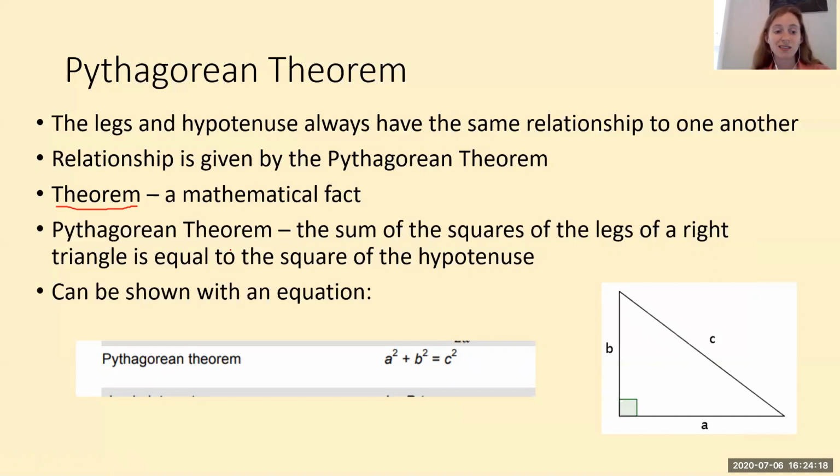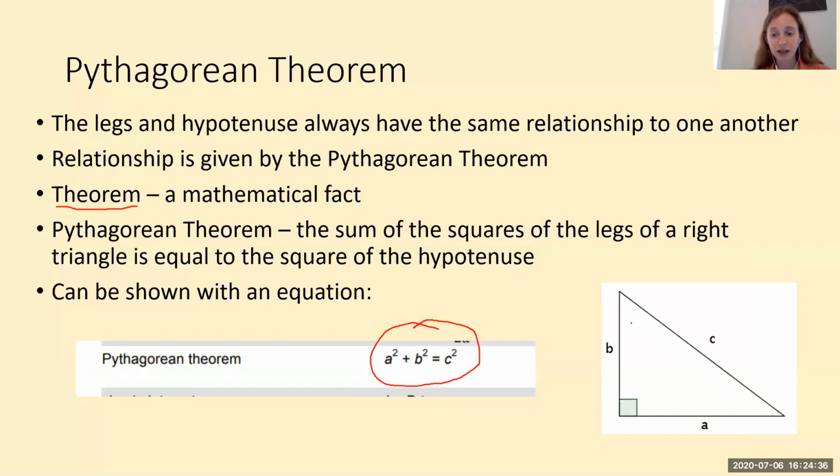And so we can state the Pythagorean theorem with words, or we can wrap it up in a nice little package, which is this equation here. This equation is just a shorter way of making that statement about the relationship.